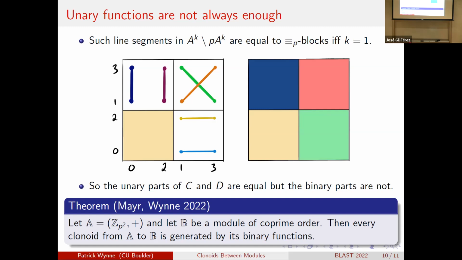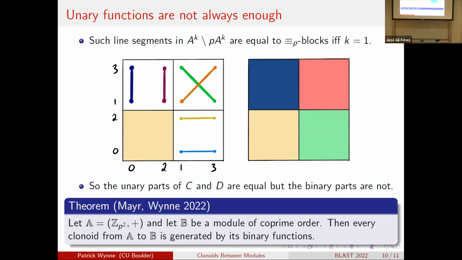This argument is a little more involved than the previous one, but again, from some arbitrary function f, we can reduce it down to its binary functions, and then from these binary functions build back up to f by interpolating not just on cyclic submodules, but on some more complicated substructures. And so in that case as well, with the integers mod p squared as the source of the clonoid, we again get that there are just finitely many clonoids, because of course there are just finitely many binary functions.